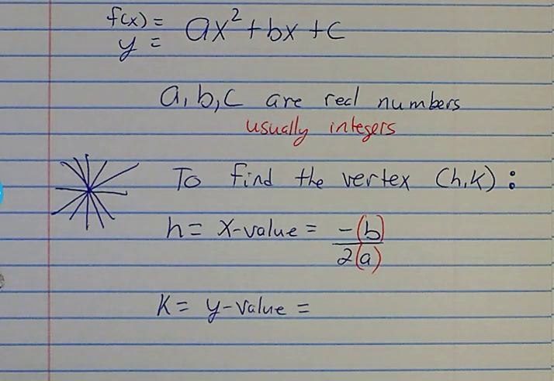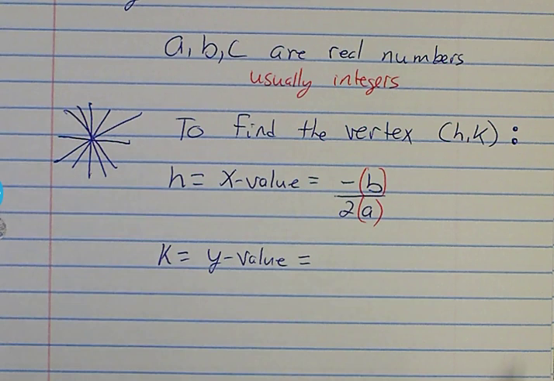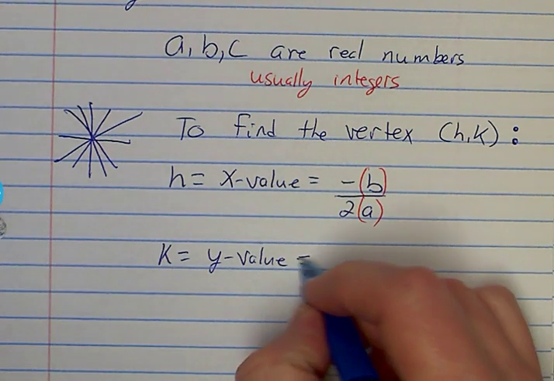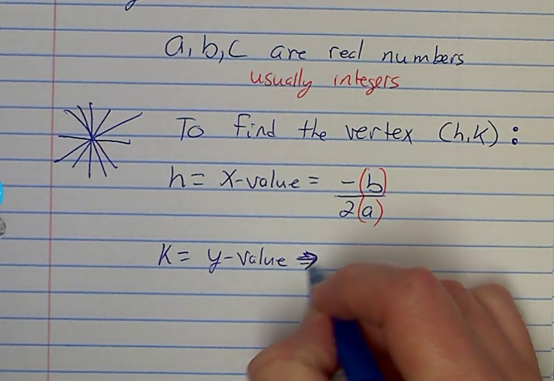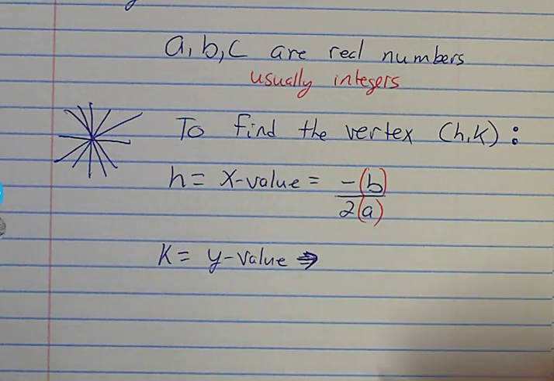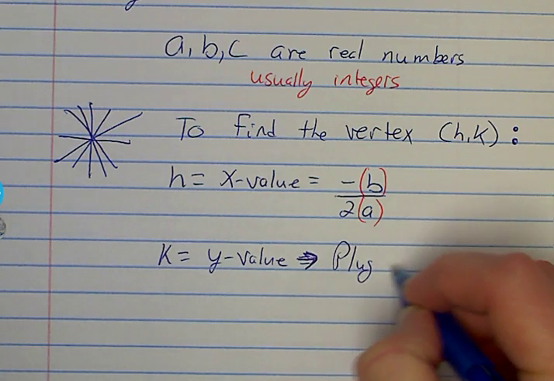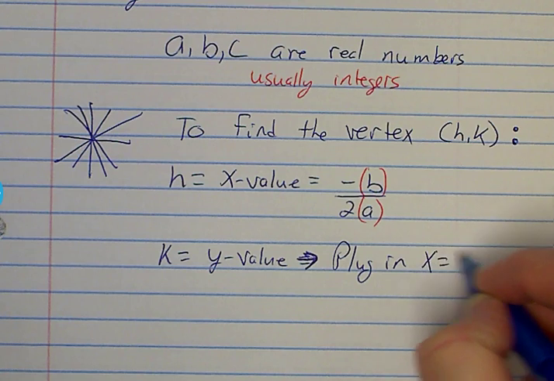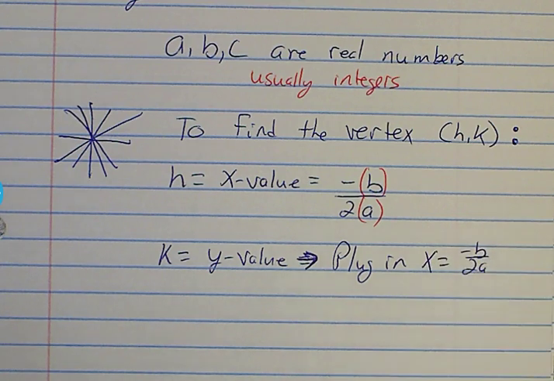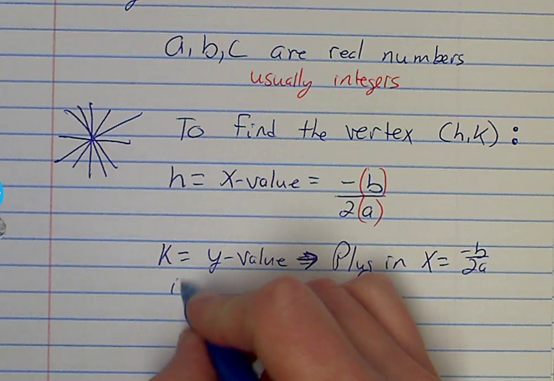Okay, and to get the k, which is the y value of the vertex, it's not really one little thing you're going to do, it's more what you have to do. You have to plug in this x value of negative b over 2a into the original equation.